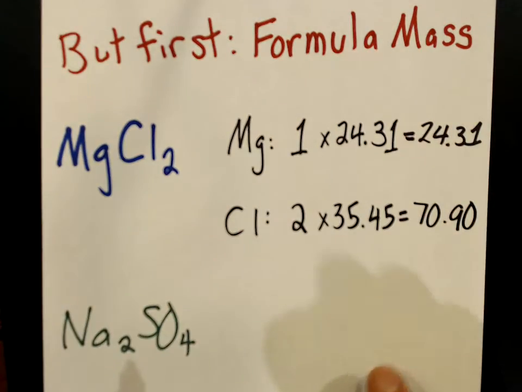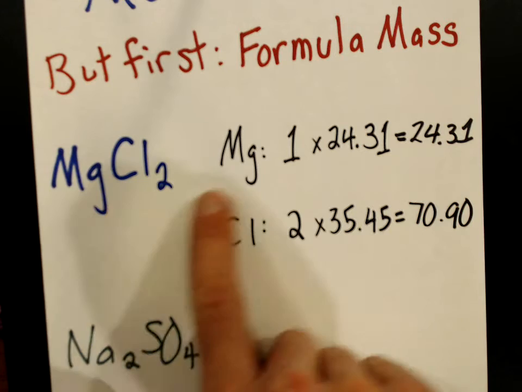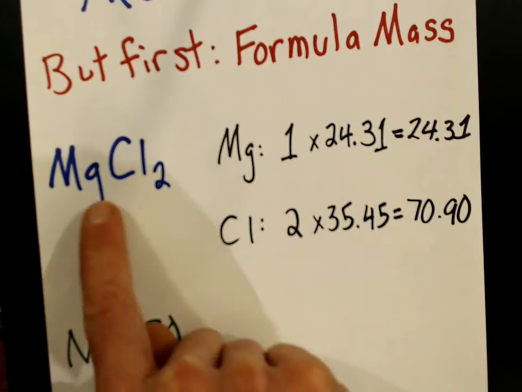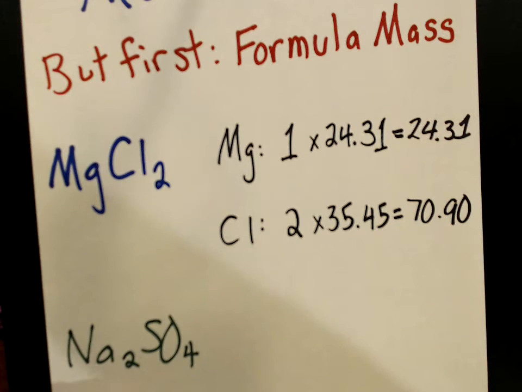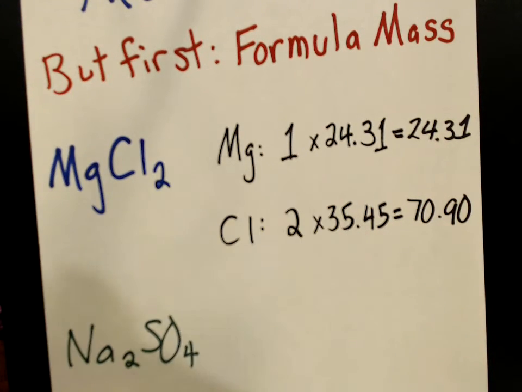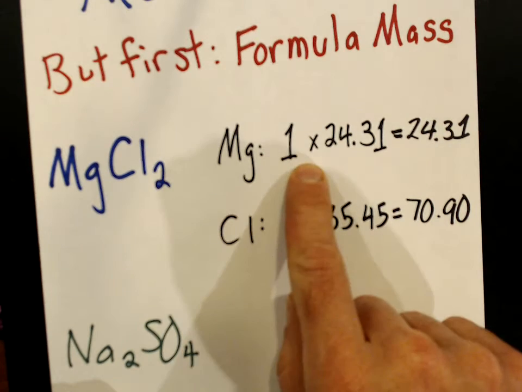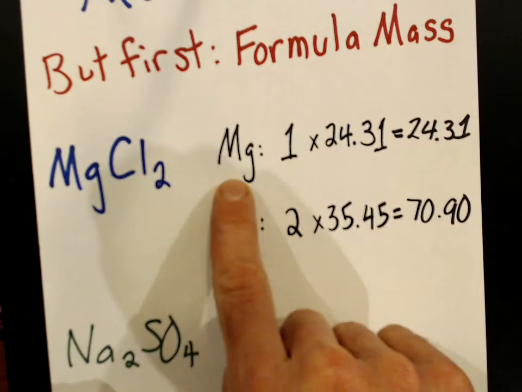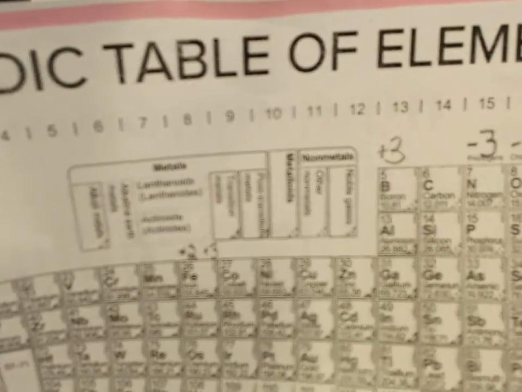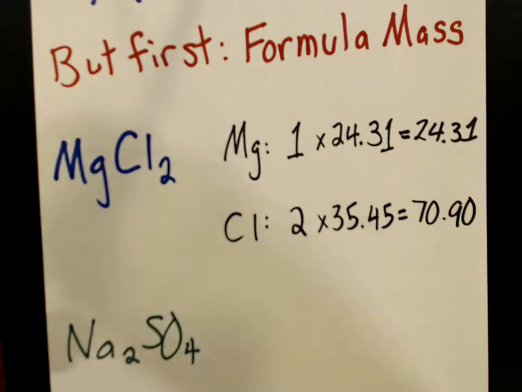70.90. Great. Let's recap. I wrote down each element, magnesium and chlorine. Next to it, I wrote down how many of each of those atoms appear in the compound. We got 1 and 2. Then I multiplied each of those numbers by the mass of that element from the periodic table, rounded to 2 decimal places.